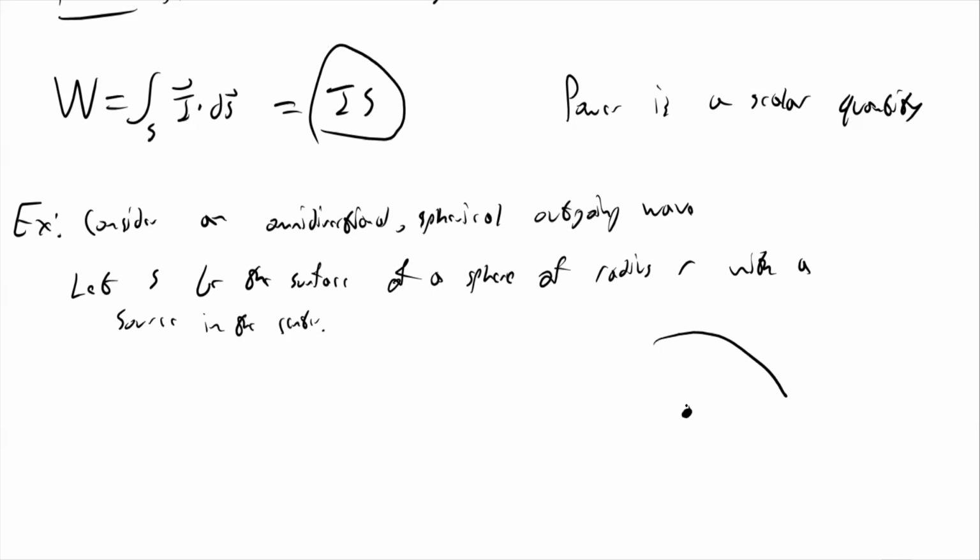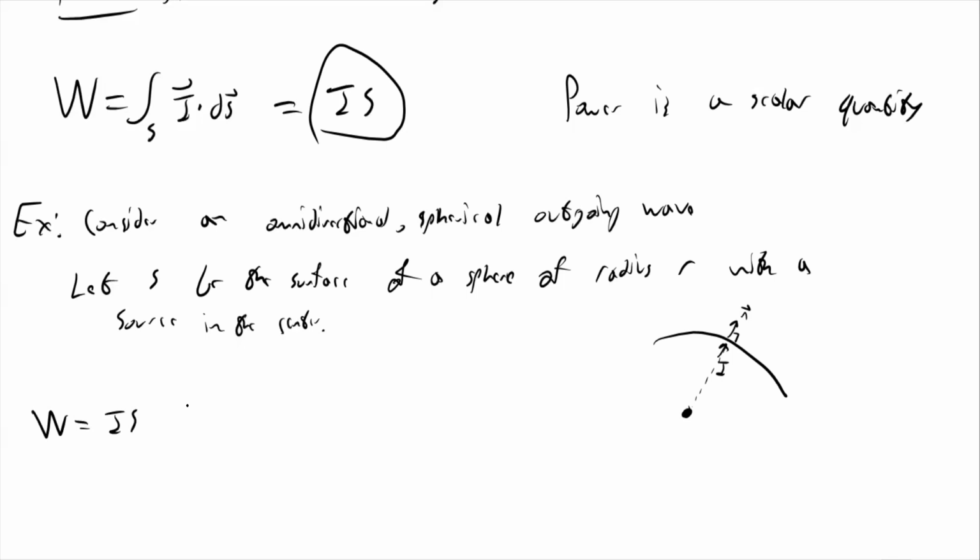Again, for the example, we're considering a point source because it's easier, but this holds for a piston source too, assuming that you're far enough away such that the intensity vector and the outward normal vector are parallel, of course. So the sound is going out, and so we have the intensity vector parallel to the normal vector. So if we do that, we can say that power is I times S.